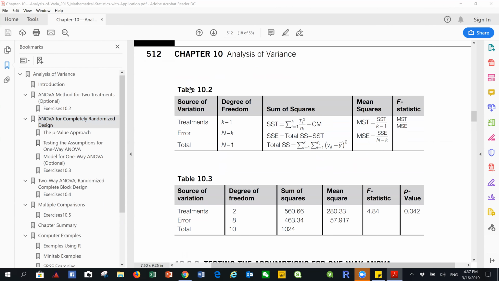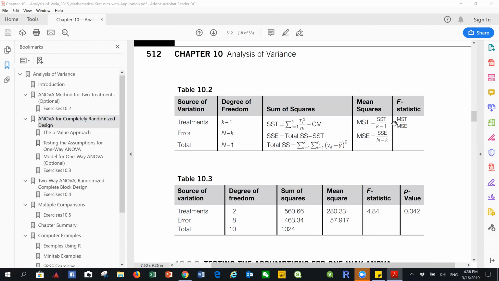Okay, so you have this ANOVA table summarizing what I just went through, calculating the variability within the group and among the group, and then calculating the average mean square, MST, MSE, taking the ratio, and that ratio follows the F distribution.